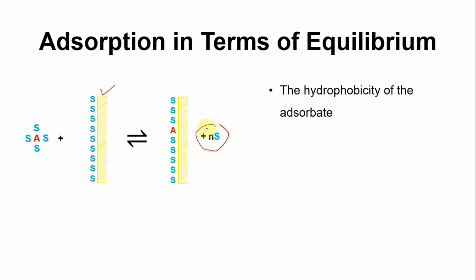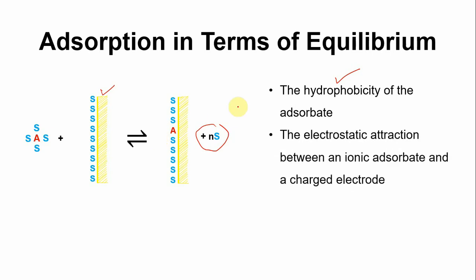Now this adsorption which is taking place depends on many factors, and one important factor is the hydrophobicity of the adsorbate. So increasing or decreasing hydrophobicity will affect the process of adsorption during this equilibrium.